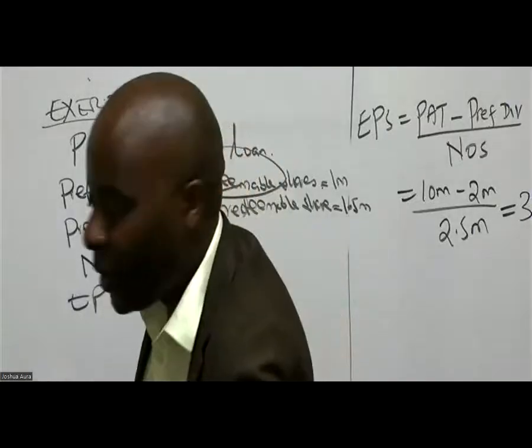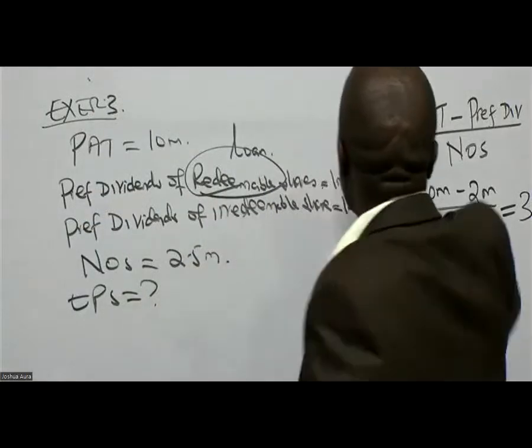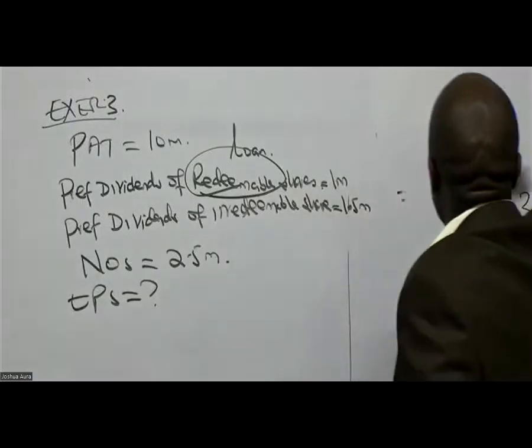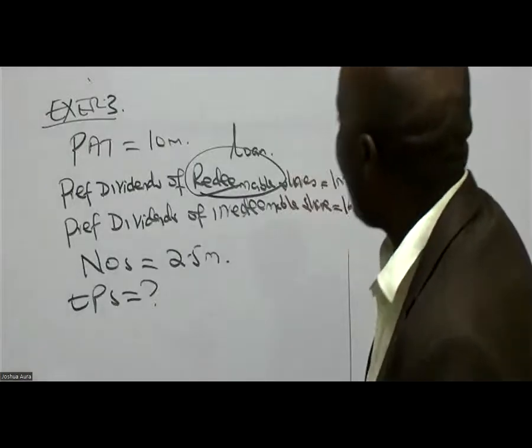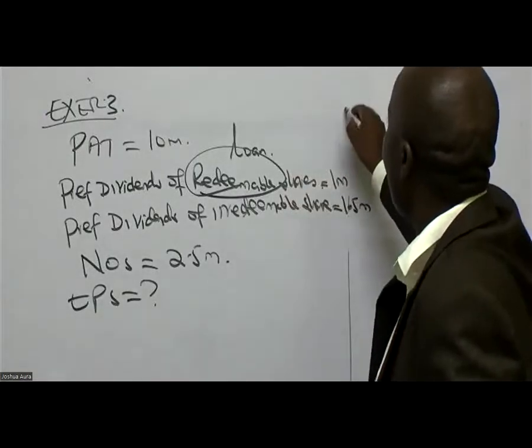So, ladies and gentlemen, this is what we have. We are calculating the profit attributable to ordinary shareholders, or rather EPS.